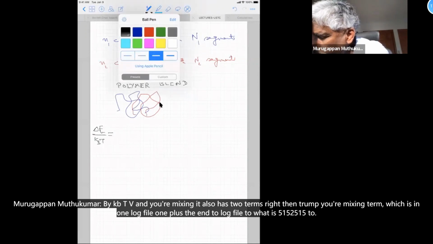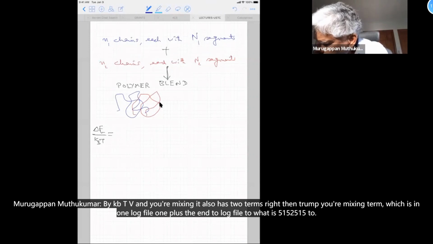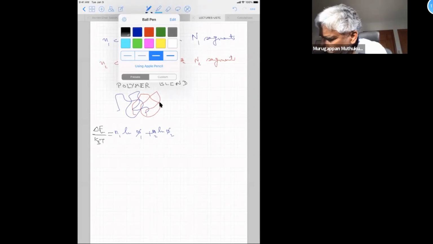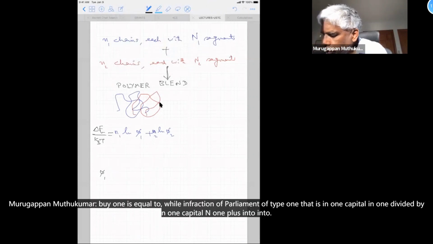Entropy of mixing term, which is N1 log phi 1 plus N2 log phi 2. What are phi 1 and phi 2? Phi 1 is equal to the volume fraction of polymer of type 1. That is capital N1 times little N1, divided by capital N1 times little N1 plus capital N2 times little N2.